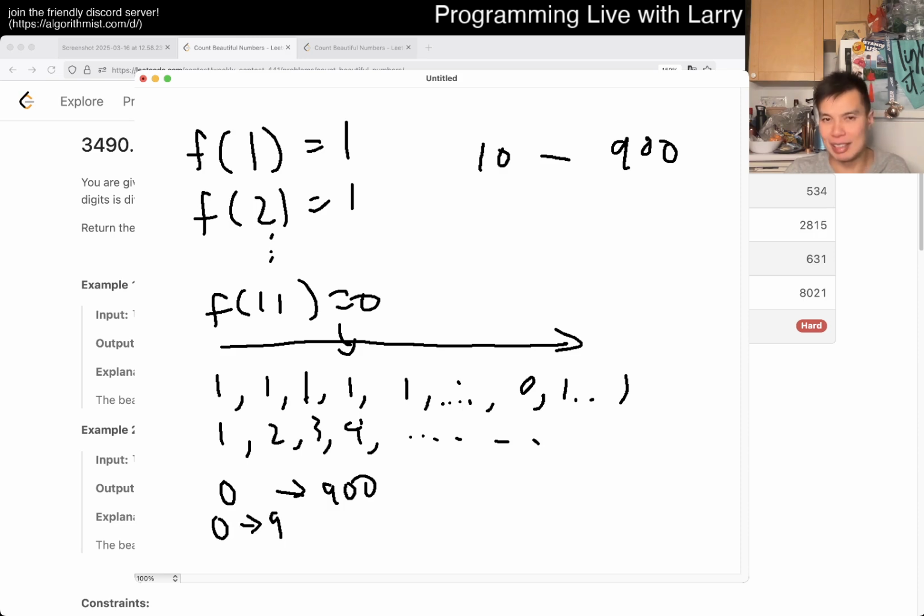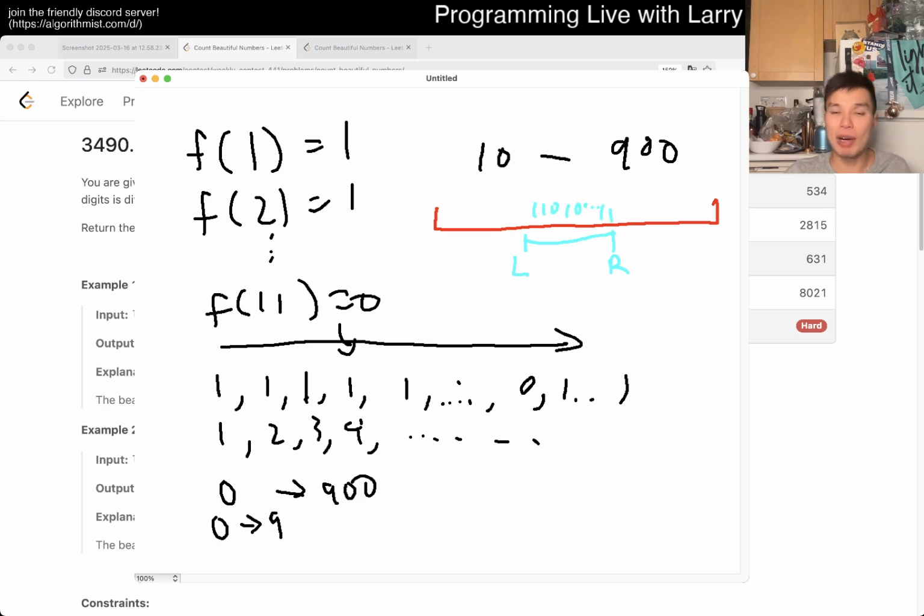which 9 is 10 minus 1, because now we think about it in prefix sums or segments. Maybe 900 is a little bit too big, honestly. Maybe that was a mistake. But let's say you have a number line that looks kind of like this, and this is the left, this is the right. This is the segment you're looking at, and it's just some binary things.